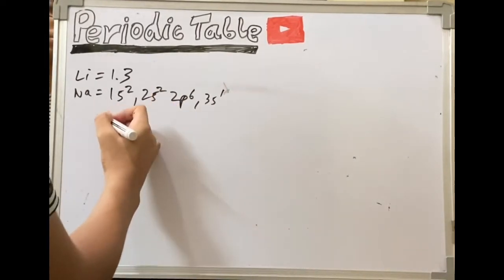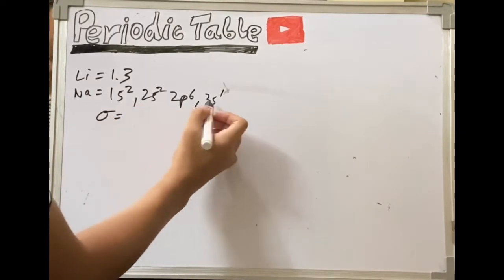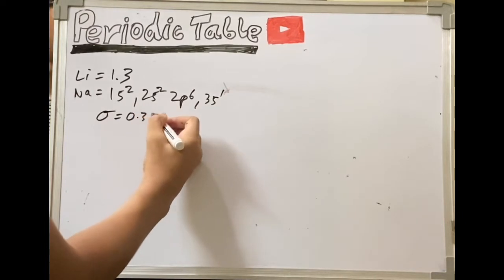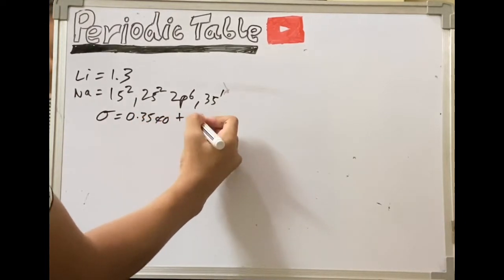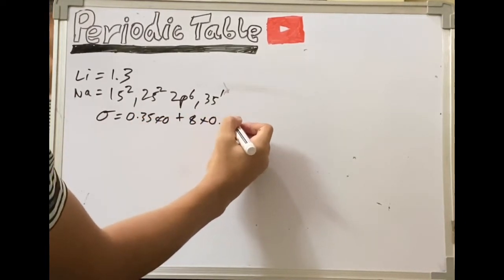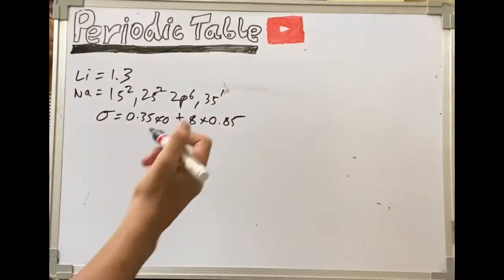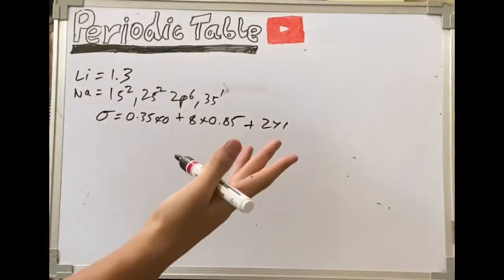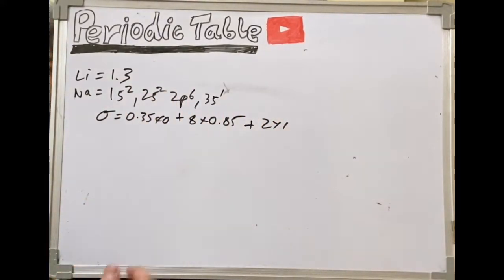So the sigma value will be, there is no electron protecting over here, so 0.35 into 0 plus 8 into 0.85, okay, plus 2 into 1. We know that the shells after n minus 1 are protected by 1 value each.